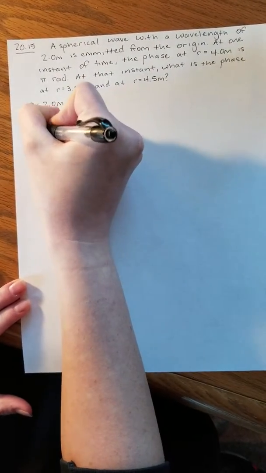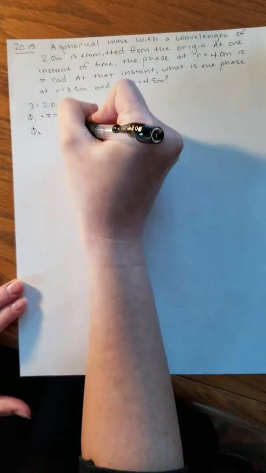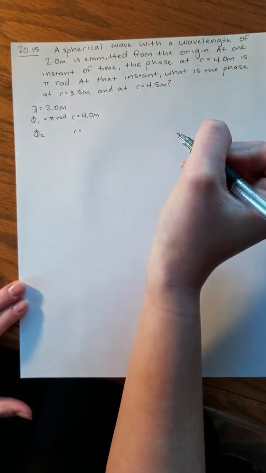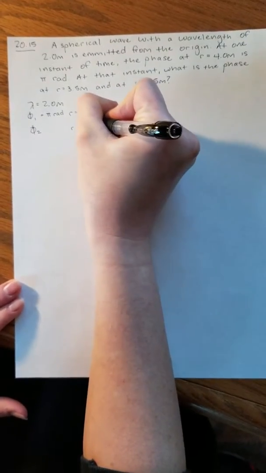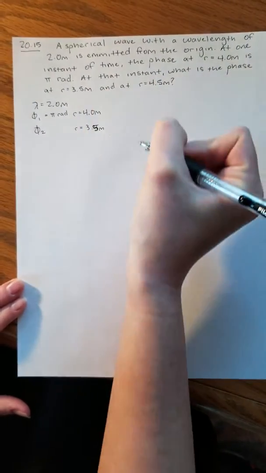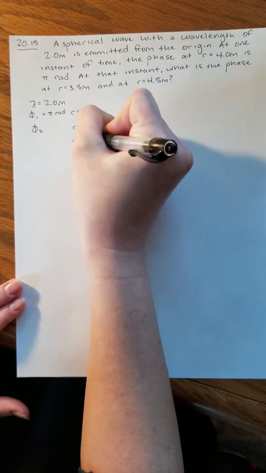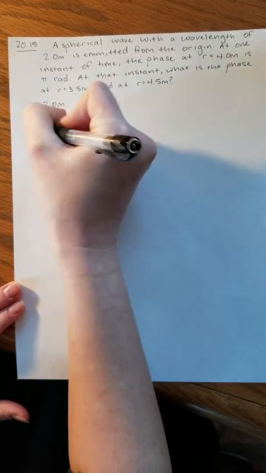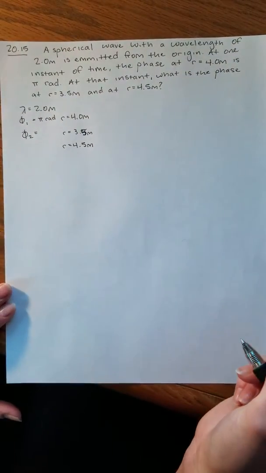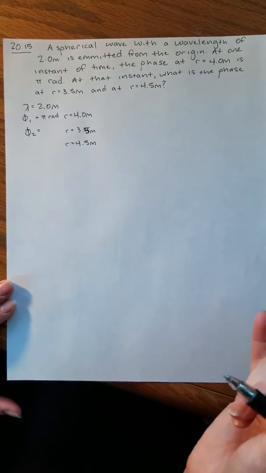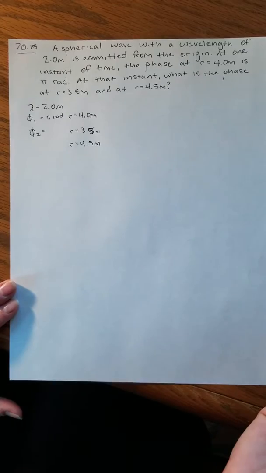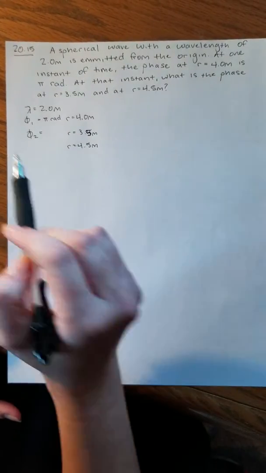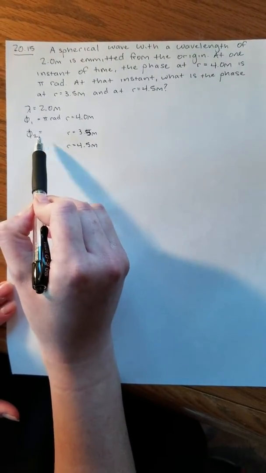So it's asking us to find another phase at r equals 3.5 meters and then at r equals 4.5 meters. So it's saying that it's at the same instant of time and it's just the different positions we're looking at. So it's just asking us for the change in phase between these two.